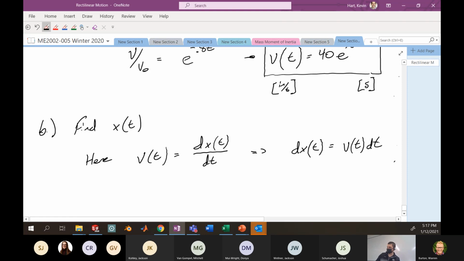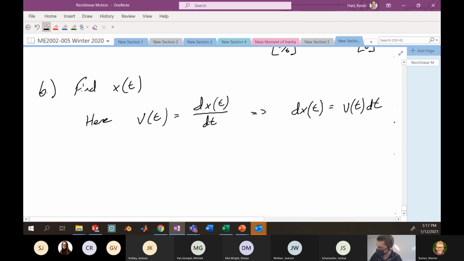Something like that. My integral here. I'm integrating with respect to time, so my bounds need to be some time condition. And I have my velocity expression as a function of time. So this is going to be 40 exponential negative 0.8 t.